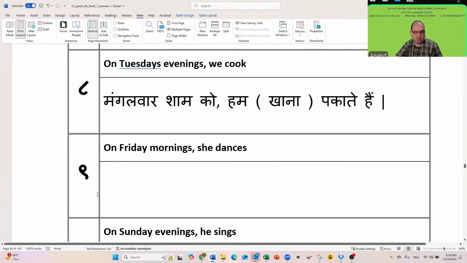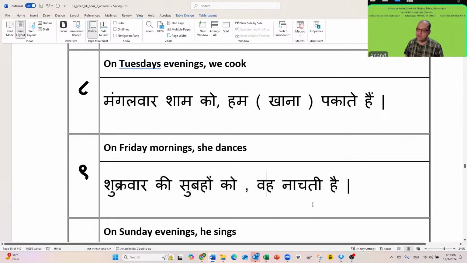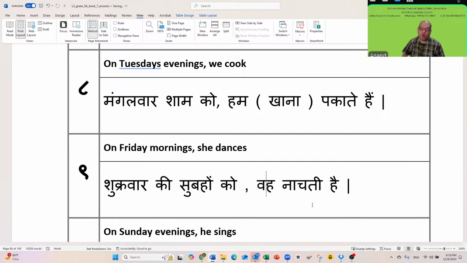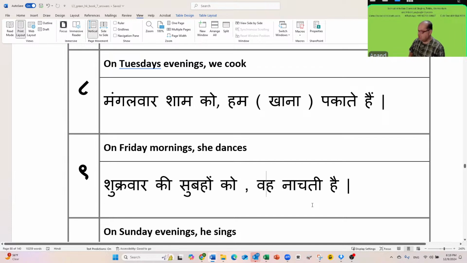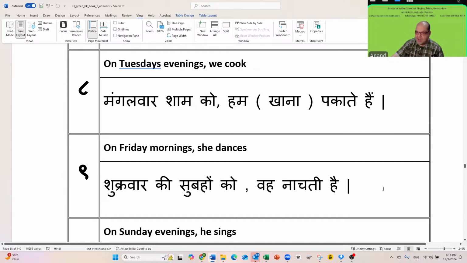You can say "सुबह में" and you can say "सुबह को". "को" is more preferable than "में". So शुक्रवार की सुबह को वो नाचती है. और प्रहलाद ने उसको देखा है. Who understood that? Nobody did. शुक्रवार की सुबह को वो नाचती है और प्रहलाद ने उसको देखा है.